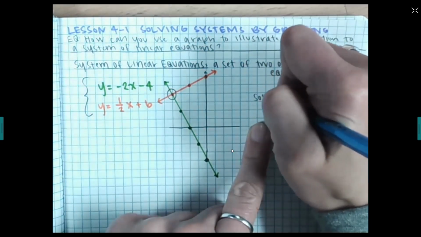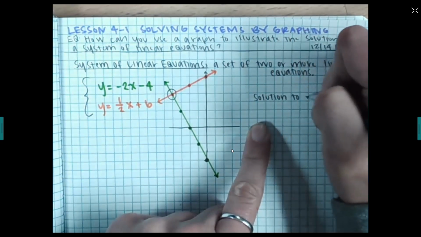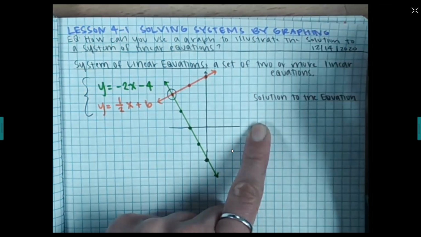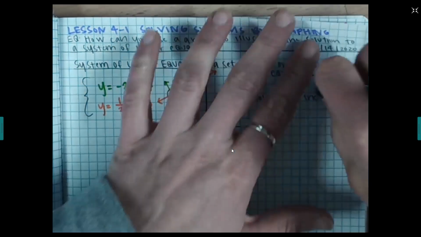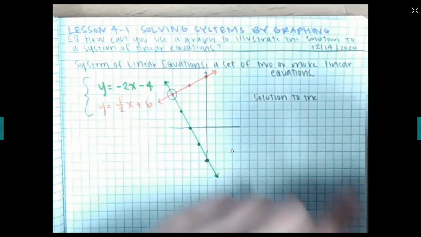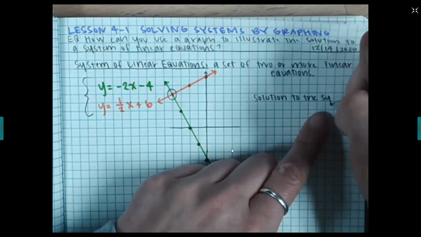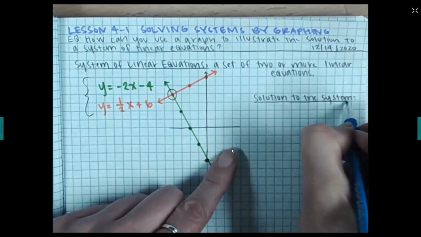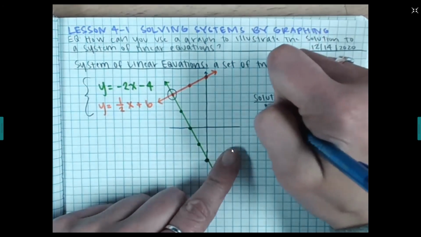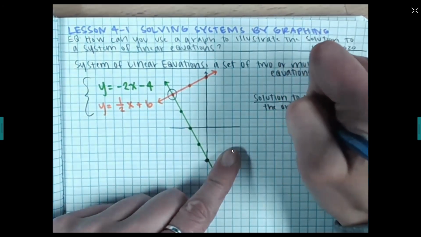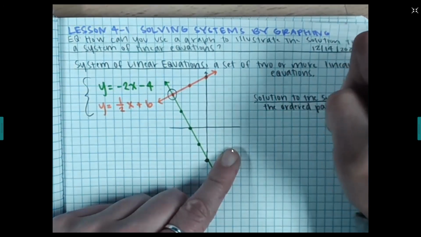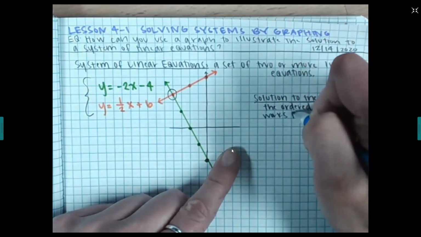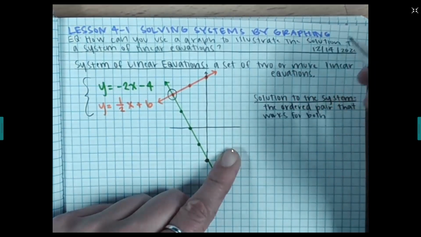So the solution to the system, because it's not the solution to just one equation, it's the solution to both equations, is the ordered pair that works for both equations.